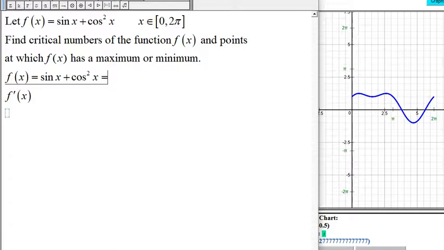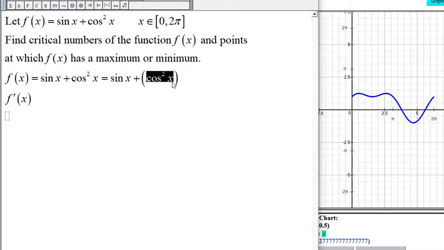And then first, let's go ahead and rewrite this so we can take the derivative easier. So that's the same as this. The derivative of sine of x, as we know, is just cosine of x.